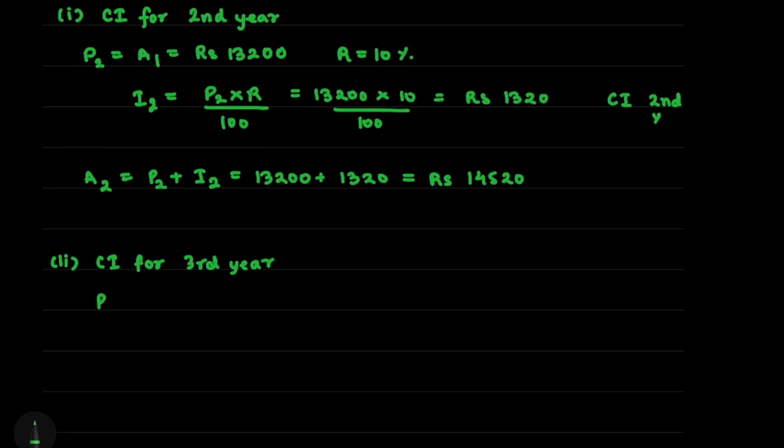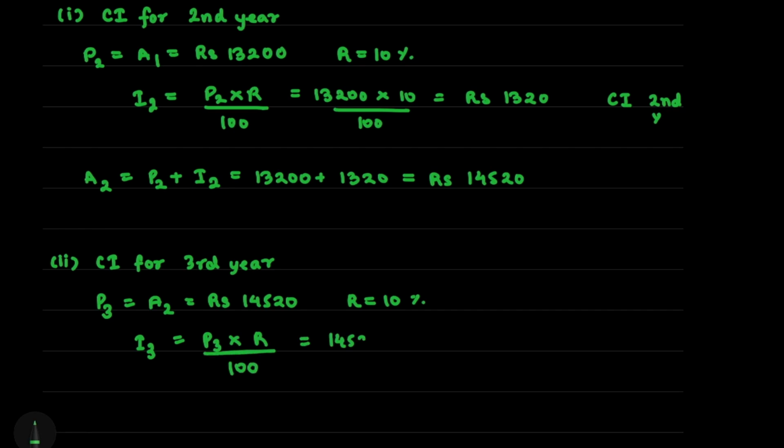And here again, the principal for the third year would be the amount for the second year, and that is rupees 14,520. Our rate remains the same, that is 10%, and our interest for the third year comes out to be principal for the third year into rate by 100, that is 14,520 into 10 by 100, and this comes out to be 1,452 rupees. And that is our compound interest for the third year, and that's how we calculate it.